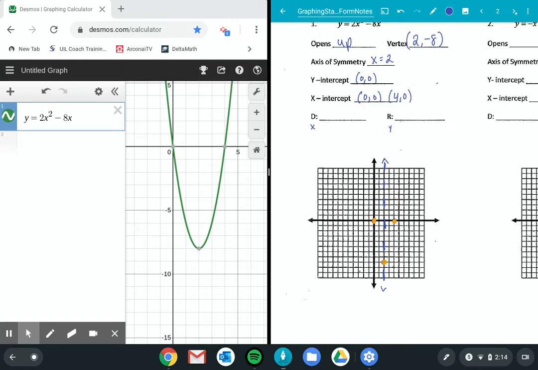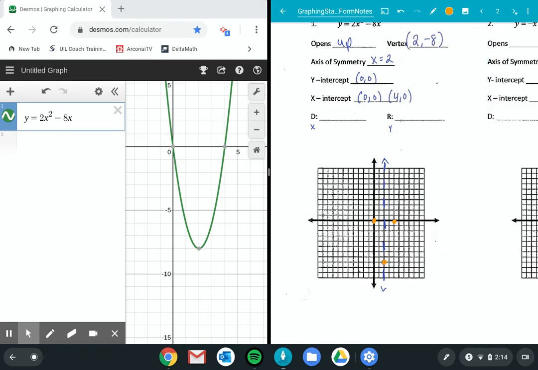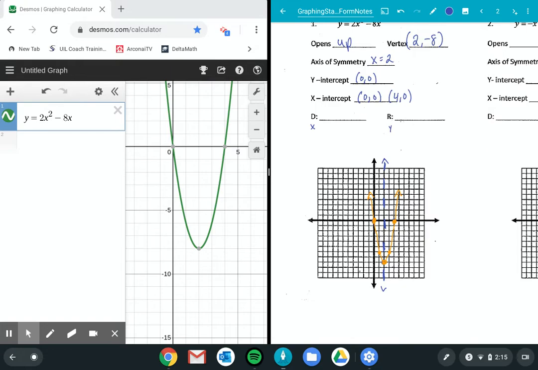Okay, so can I get another point here pretty decently? Looking at my Desmos, it looks like I have a point at 1, -6. And then, which means I have another point on the opposite side at 4, -6. So my graph is doing this, drawing this on my notes. It's going infinitely. So since it's going infinitely, a nice thing to always remember about a quadratic is the domain is always the same thing.